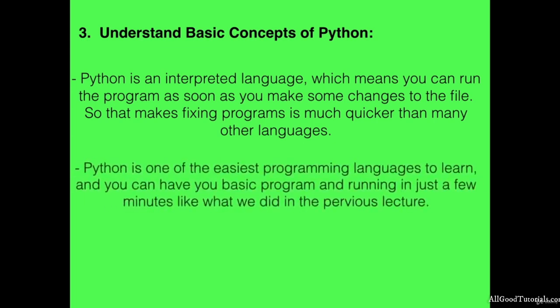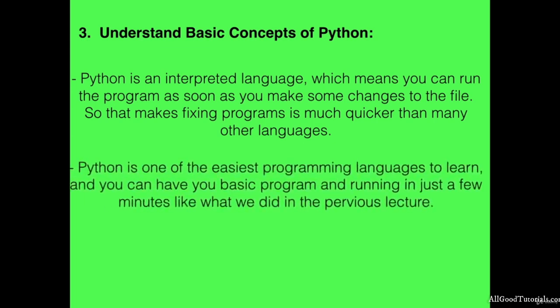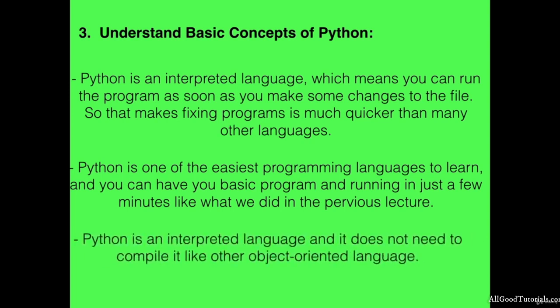Python is one of the easiest programming languages to learn, and you can have your basic program running in just a few minutes like what we did in the previous lecture. Python is an interpreted language, and it doesn't need to be compiled like other object-oriented languages.